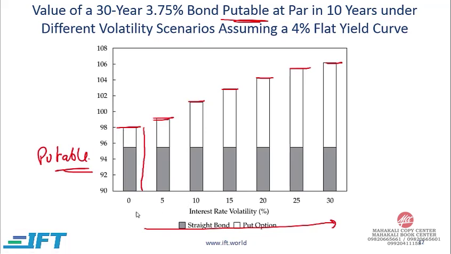We notice that as interest rate volatility increases, the value of the straight bond or option-free bond does not change, but the value of the put option increases, and since a puttable bond is equal to the straight bond plus the put option, the value of the puttable bond goes up.